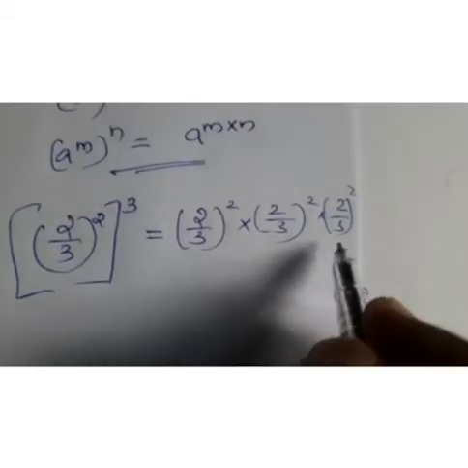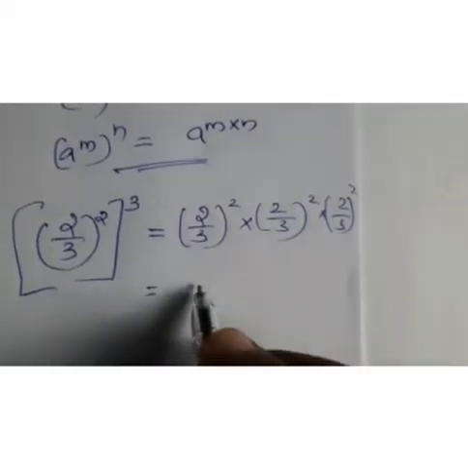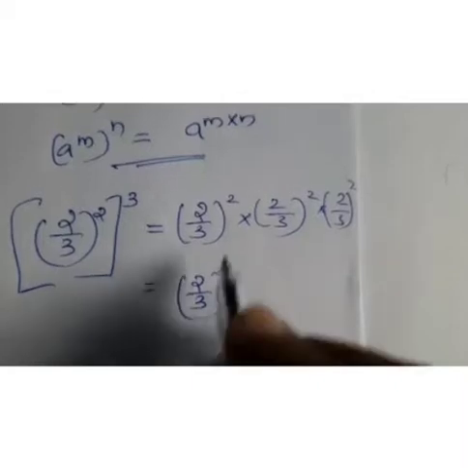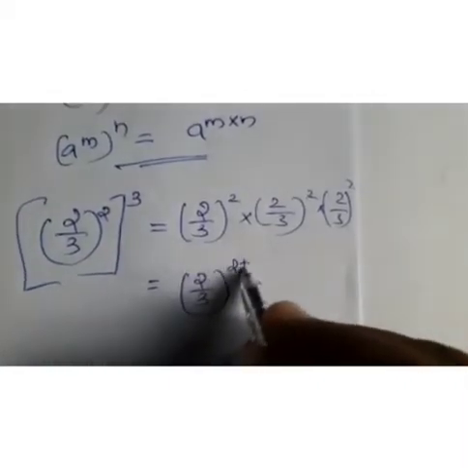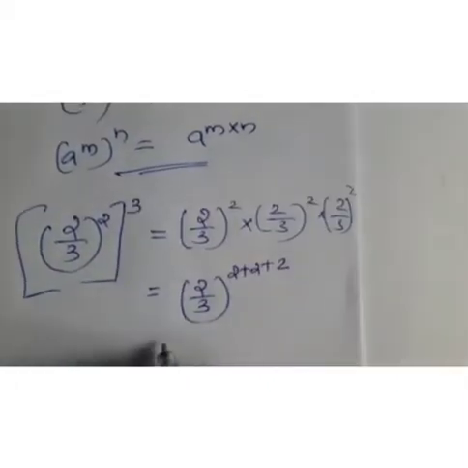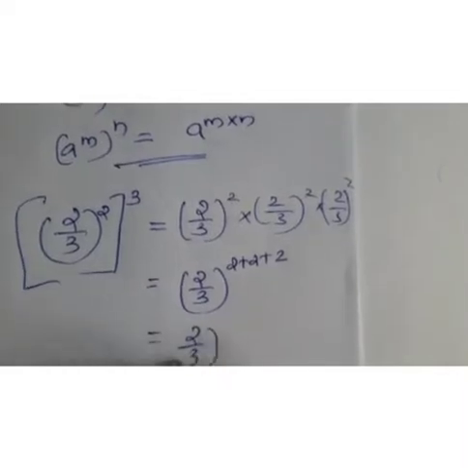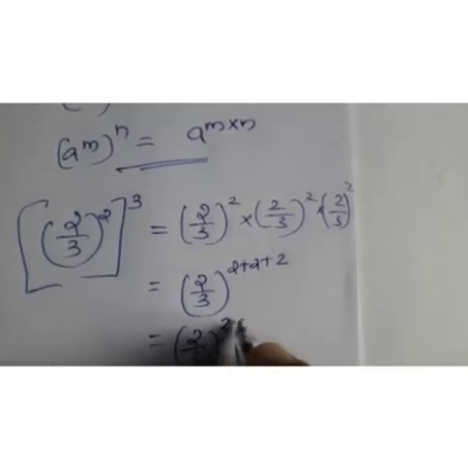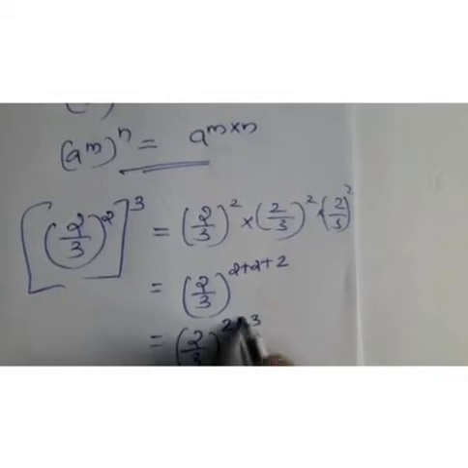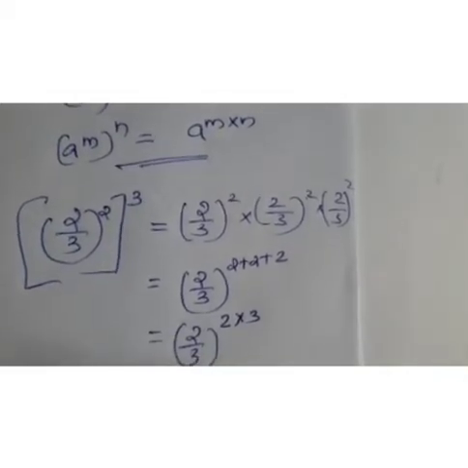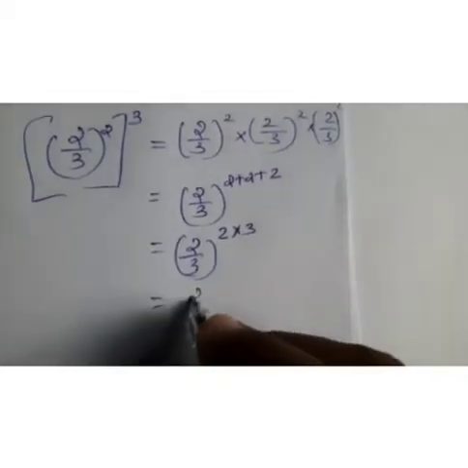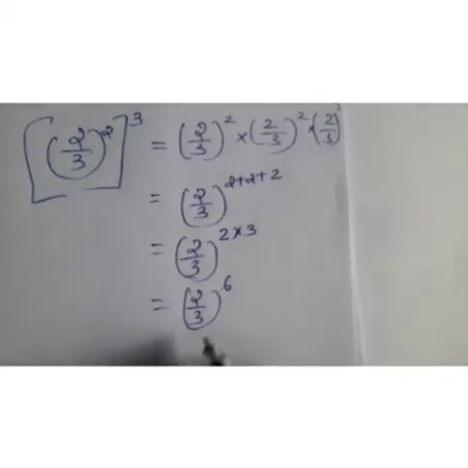Okay, 3 times it is multiplied. This we can write as (2/3) raised to 3, whole raised to, the powers are added, 2 plus 2 plus 2. Or you can write (2/3) raised to 2 into 3. Or we can write (2/3) raised to 6.